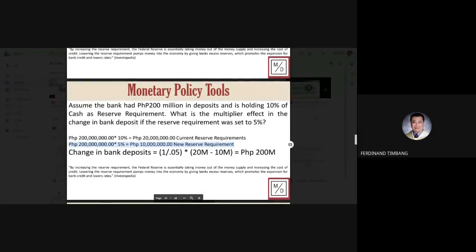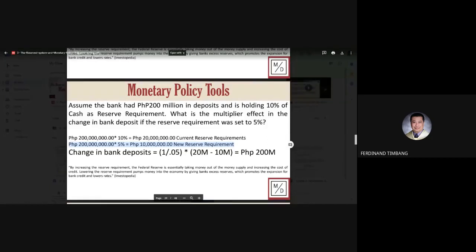So ibig sabihin, once your reserve requirement decreased, no, from 10% to 5%, there will be an additional 200 million pesos, no, that can be circulated in the economy. So nakadagdag siya ng pera na pwedeng gamitin ng economy. O pwedeng ipautang, no? So yan yung effect ng decreasing the reserve requirement.